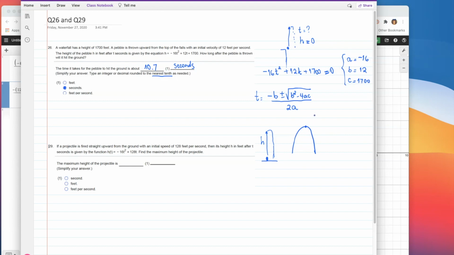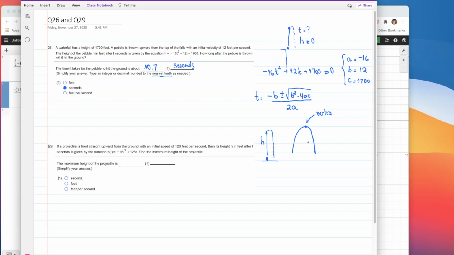This is the vertex. The vertex, when the parabola is downward, represents the maximum value possible for that parabola. So we have to find this vertex to determine the height of the projectile.